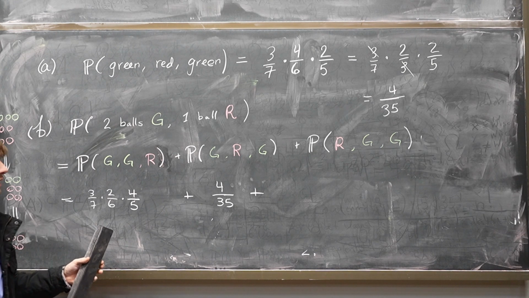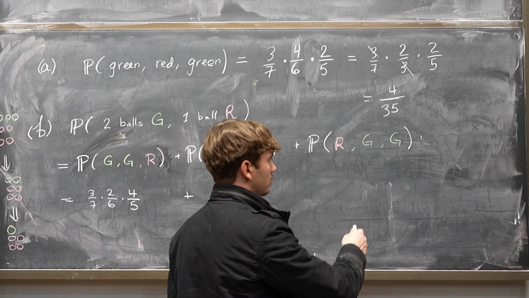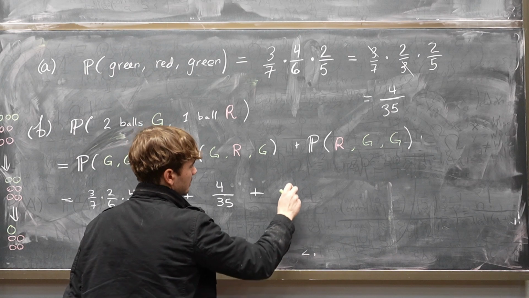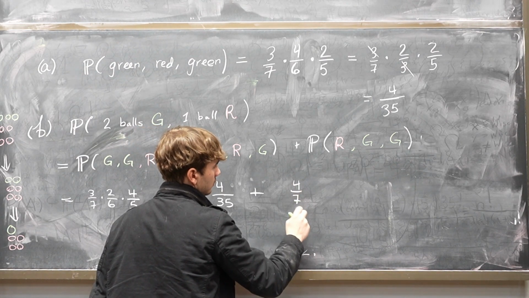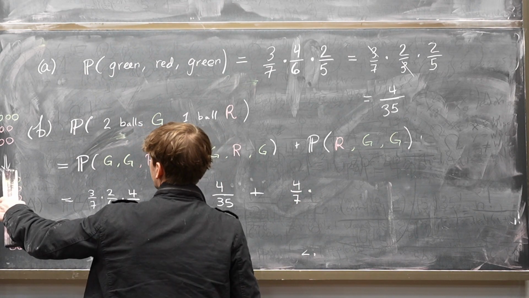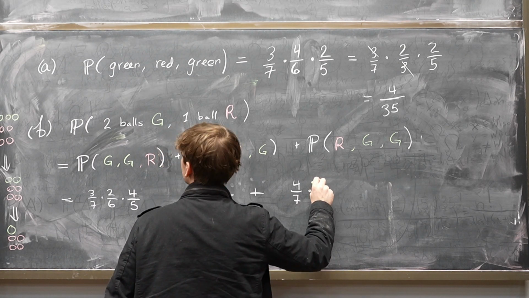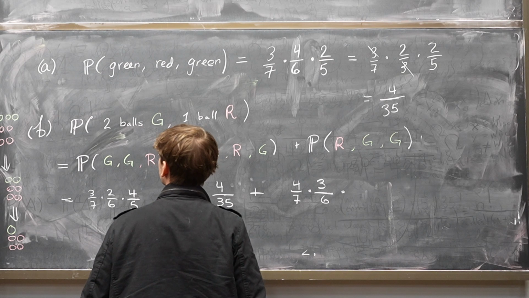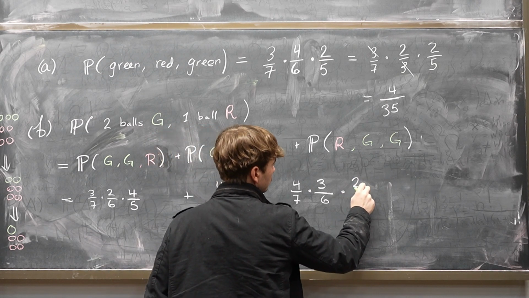Okay? And then similarly, by the identical logic, the probability of choosing red, green, green is going to be 4/7 times 3/6, and then 2/5.